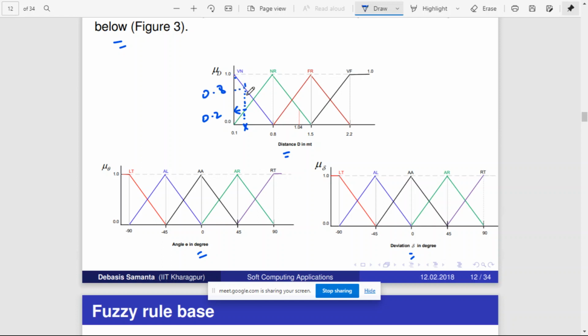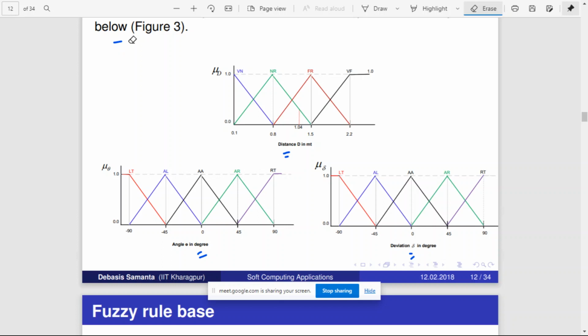So it is coming in the class of very near and also in the class of near. That is the nature of a fuzzy system, because that is how fuzzy works. This is the basic characteristic of a fuzzy system.